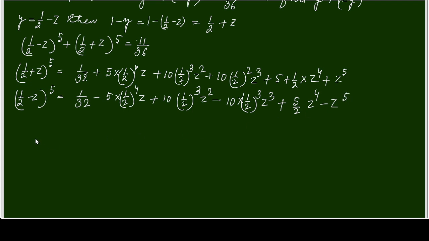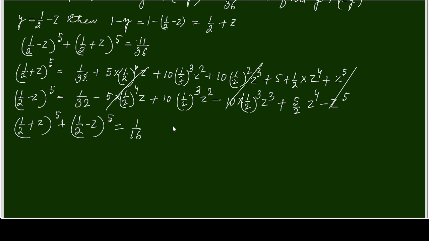So when I am taking the sum of (half plus z) to the power 5 and (half minus z) to the power 5, the odd terms will be cancelled. 1 by 32 plus 1 by 32 will be 1 by 16.